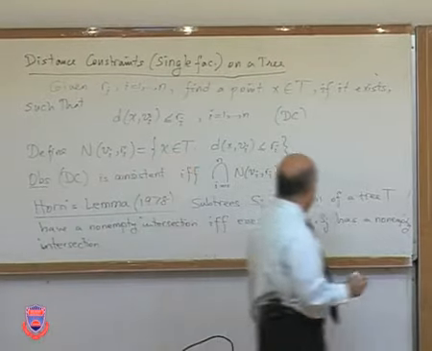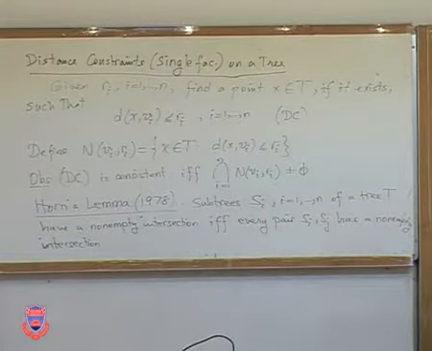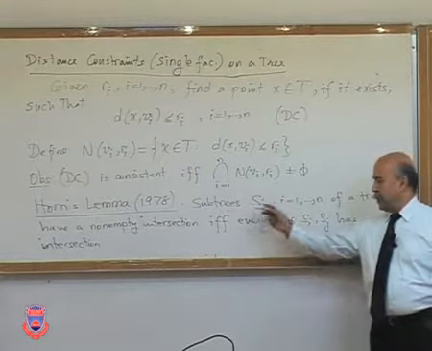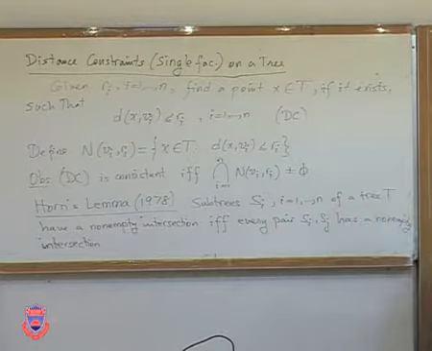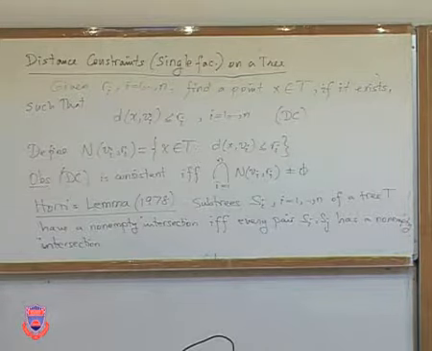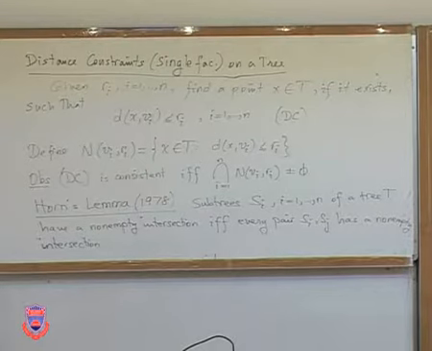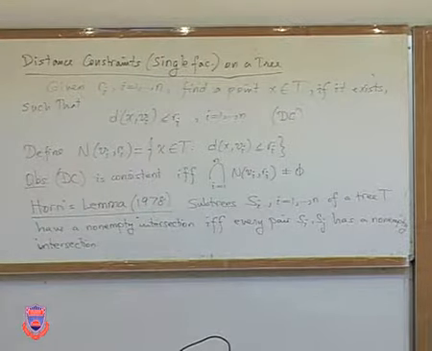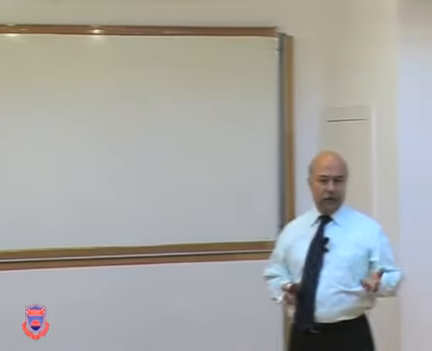Of course, whenever the intersection of all of them is non-empty, then of course it implies that each pair has a non-empty intersection. So that's true for general networks as well. But the other part, when each pair has a non-empty intersection, the fact that that implies that the entire intersection is non-empty is non-trivial.